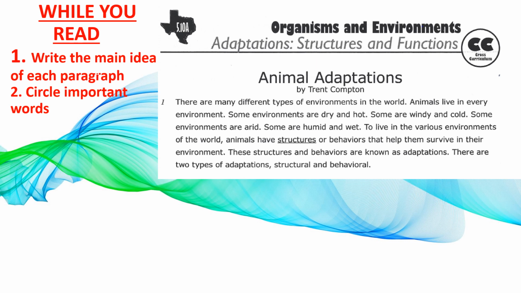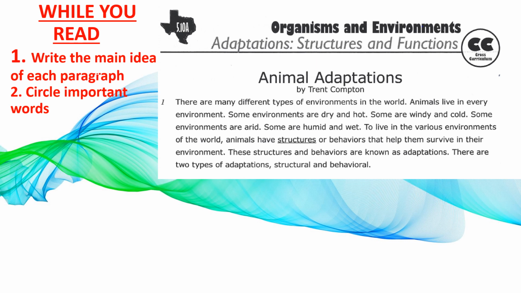Paragraph 1. There are many different types of environments in the world. Animals live in every environment. Some environments are dry and hot. Some are windy and cold. Some environments are arid. Some are humid and wet. To live in the various environments of the world, animals have structures or behaviors that help them survive in their environment.